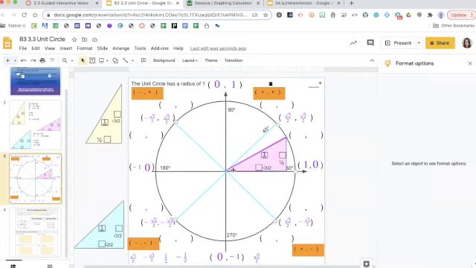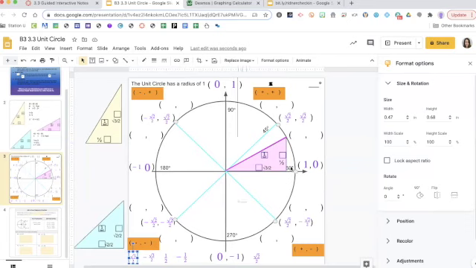This time my width is square root of 3 over 2 and my height is 1/2. So width is square root of 3 over 2. And my height is 1/2. We are in the first quadrant, so it is positive, positive.